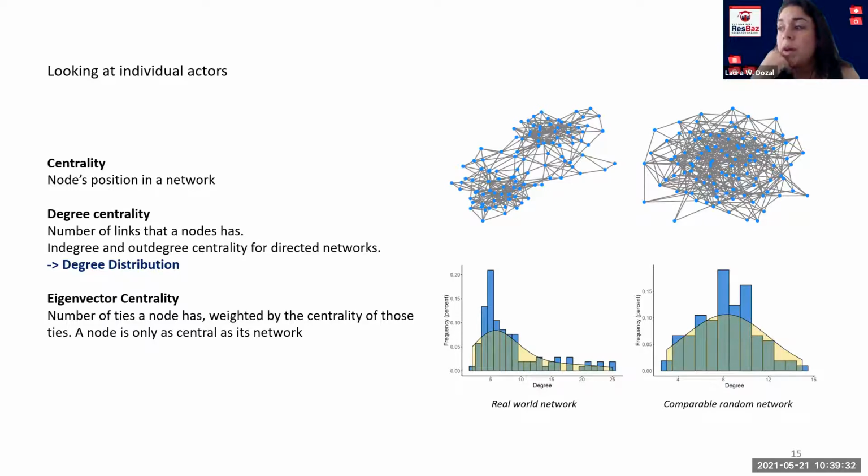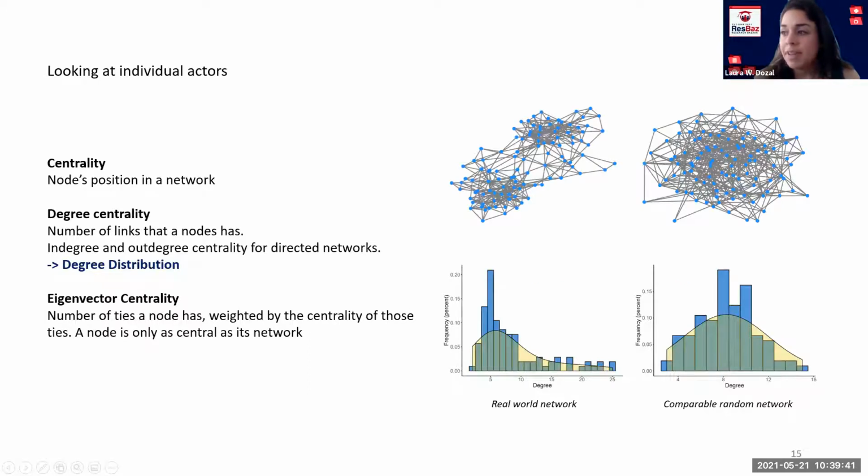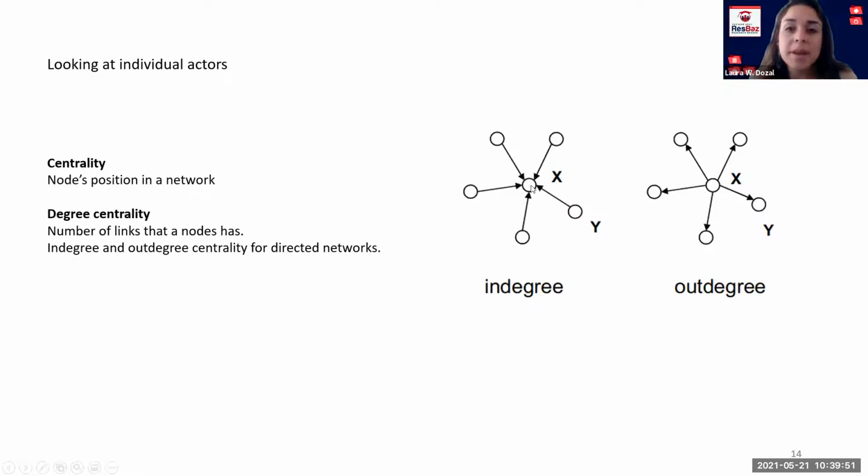So X, regardless of the direction, might have a high degree score but a low eigenvector score, because everyone that it's connected to doesn't have their own connections.